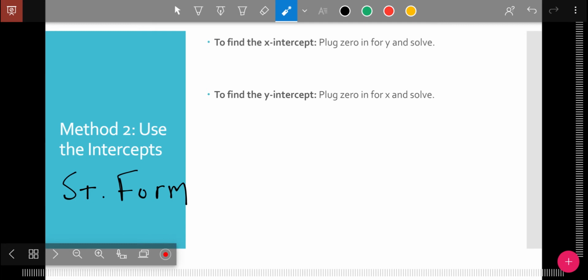We'll talk about something called the cover-up method as well. It's just a quicker way of plugging 0 in for y. To find the y-intercept, you plug 0 in for x and solve. Like when we went back to tables, we talked about finding intercepts using a table before. The zeros are the keys. You plug 0 in for y, you only have an x number, so it's the x-intercept, and vice versa for the y-intercept.